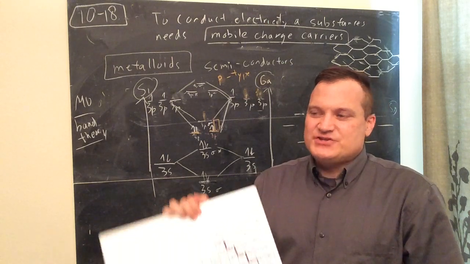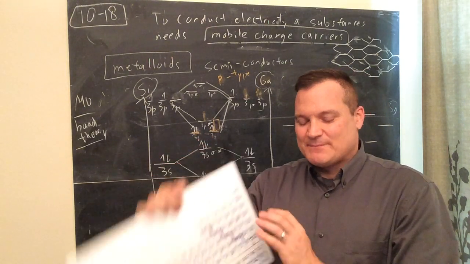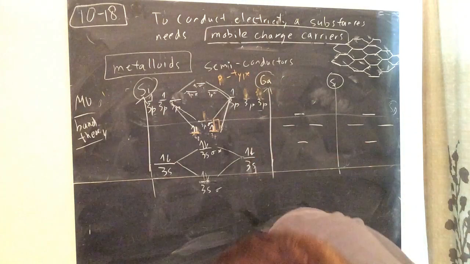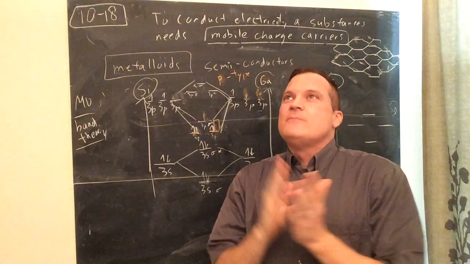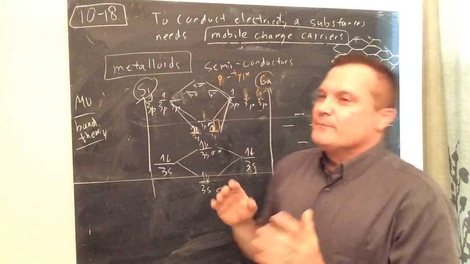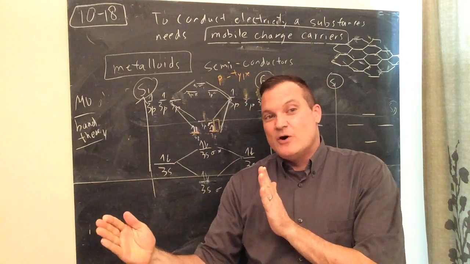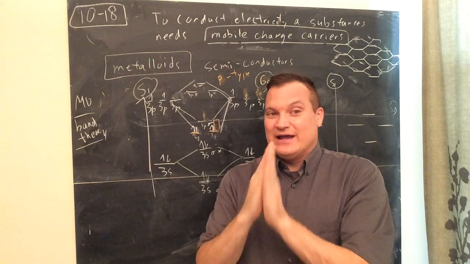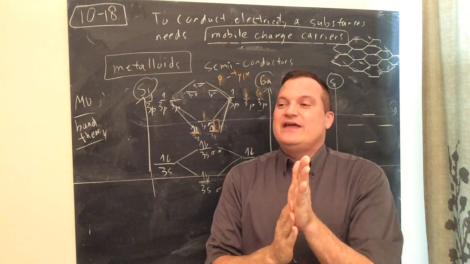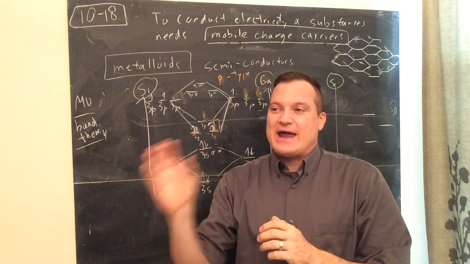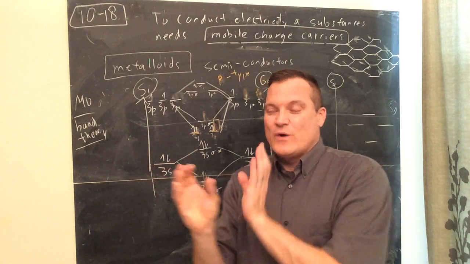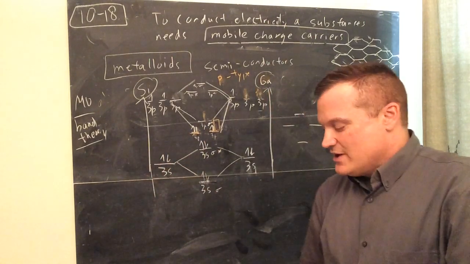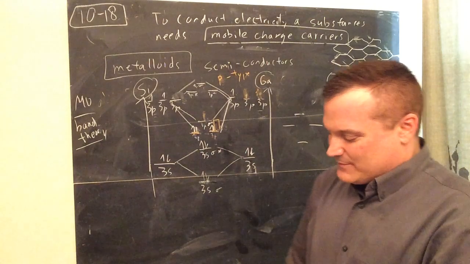That might sound strange, but that's probably the most basic thing to remember for N-type and P-type. You're making a mobile charge carrier. You're making a place where electrons can be mobile, or putting an extra charge carrier in there. Extra electrons are added in an N-type, and in a P-type you're adding an extra place, a hole where another electron can move into. So both of those help conduct electricity.